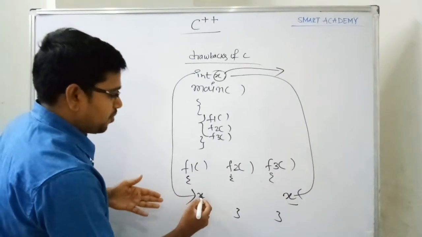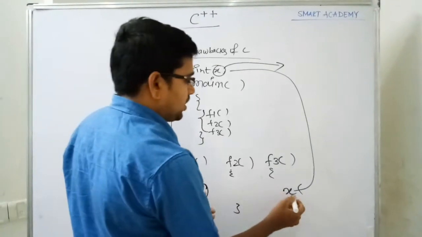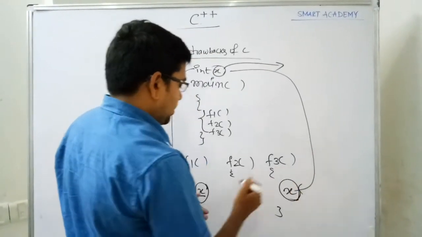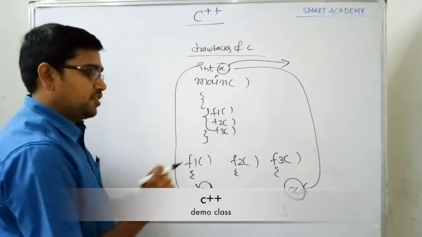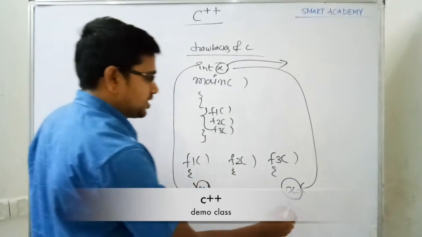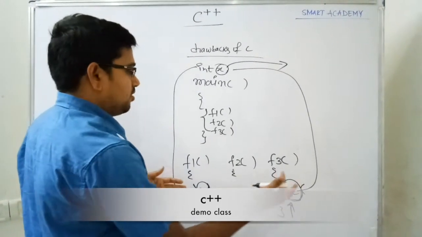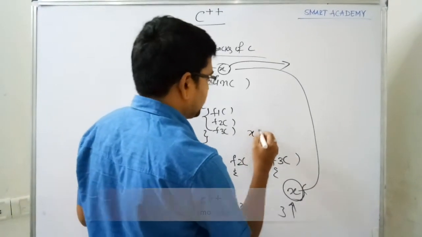That means maintaining the value of x and keeping the consistency of the modification across different functions is very difficult. If f1 is modifying x at the same time f3 is modifying, it is very difficult to keep track of who is modifying and what the current value of x is.